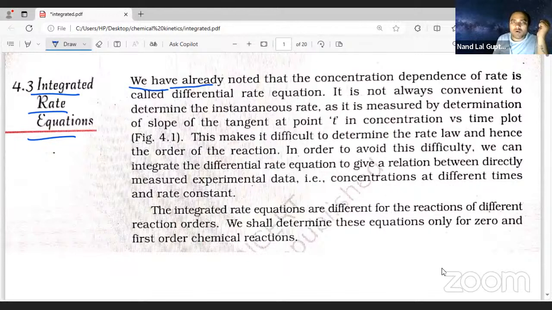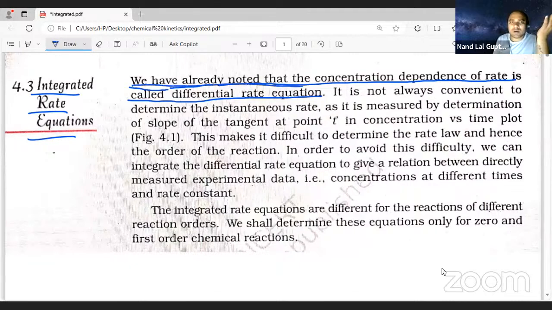We have already noted that the concentration dependence of the rate is called the differential rate equation. So you are changing the concentration, the rate will change.